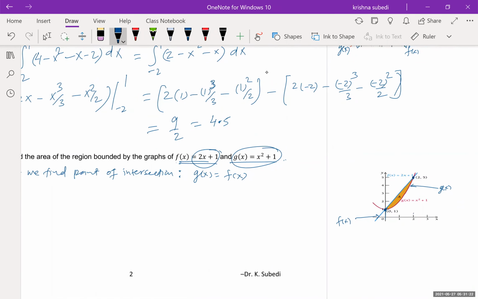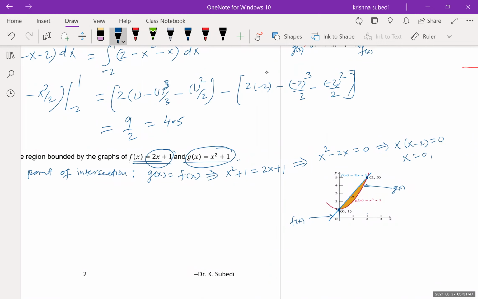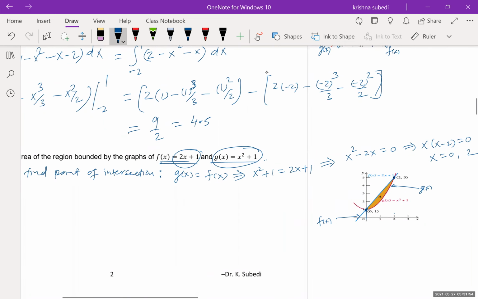So this means x squared plus 1 equals 2x plus 1. And this means x squared minus 2x equals 0. And this means x times (x minus 2) equals 0. And which means x equals 0 and 2. So basically we got the interval here as 0 and 2.